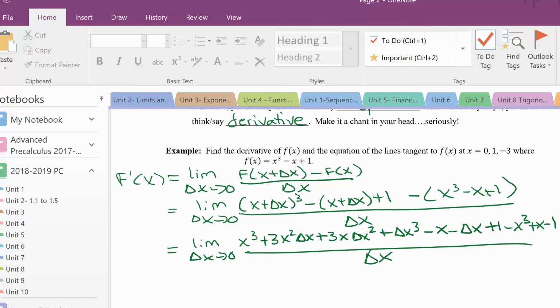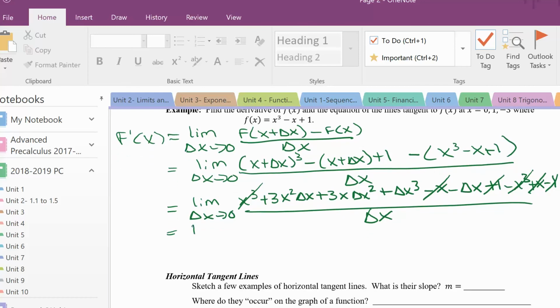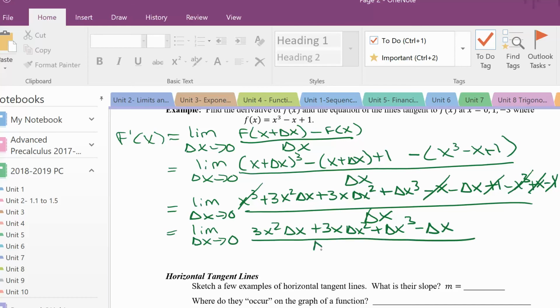And if you notice, here some things cancel, like the x to the thirds, the x's, and the 1's cancel. So you're left with 3x squared delta x plus 3x delta x squared plus delta x to the third minus delta x all over delta x.